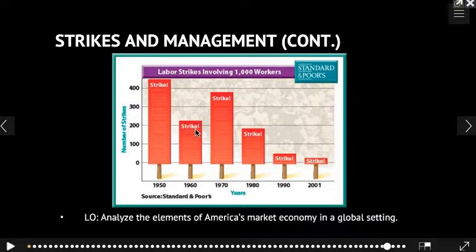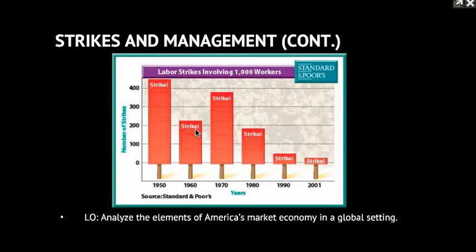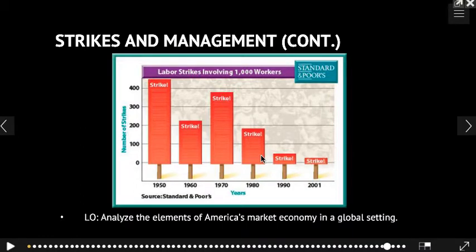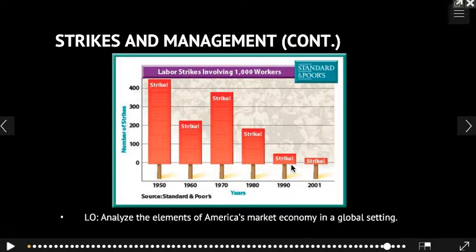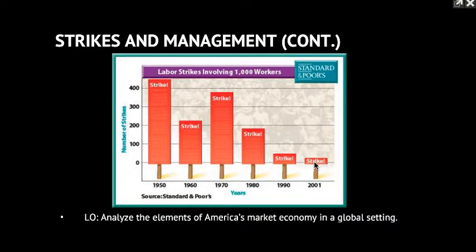That number dropped to just a little over 200 by 1960. By 1970, it had shot back up to just under 400, dropped back down to less than 200 by 1980, dropped more by 1990, and even further by the year 2001.